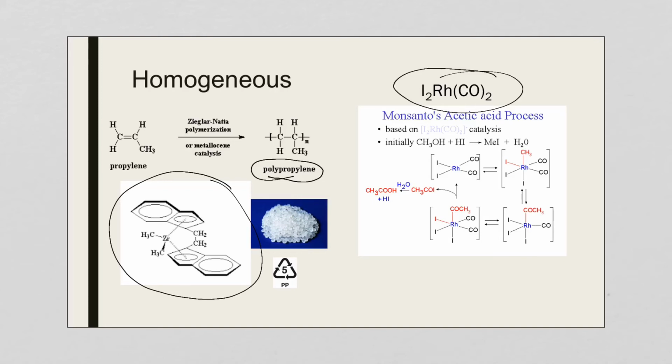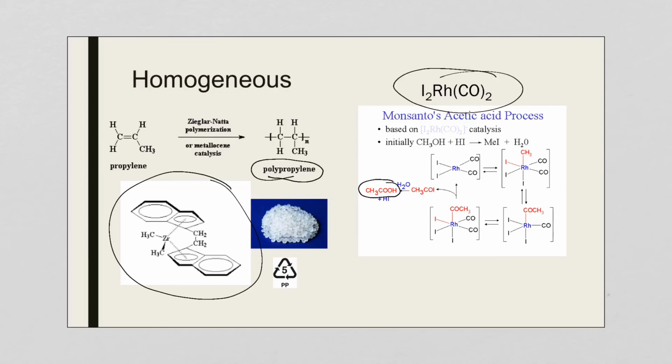And we can see here, ultimately, the production of acetic acid. Okay, so again, a couple examples of where we see homogeneous catalysis in our normal world.